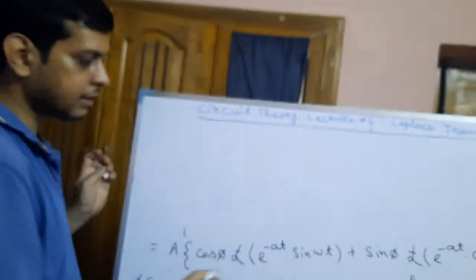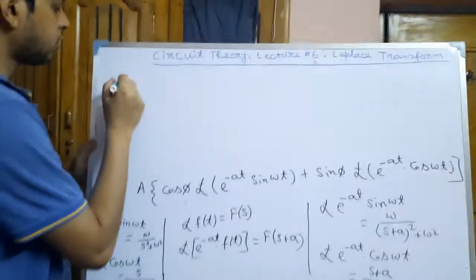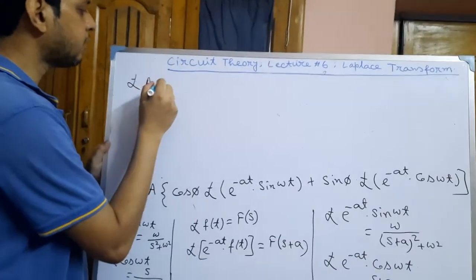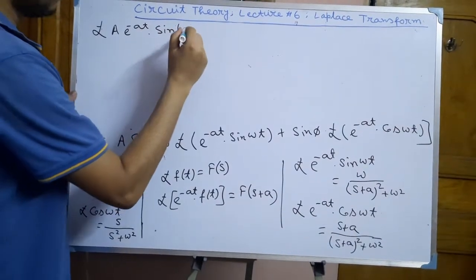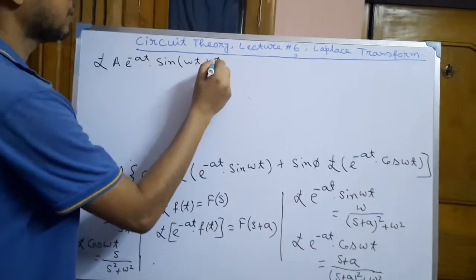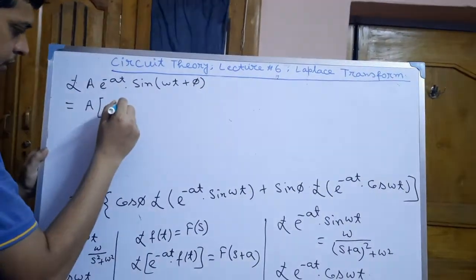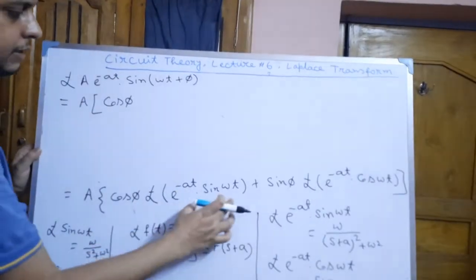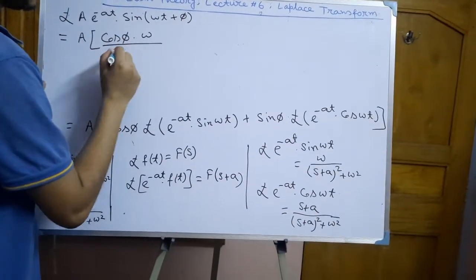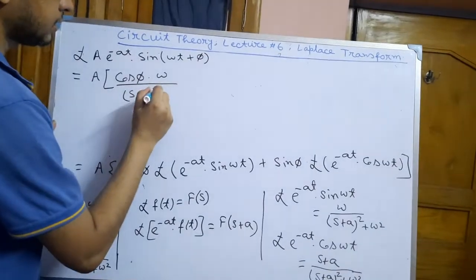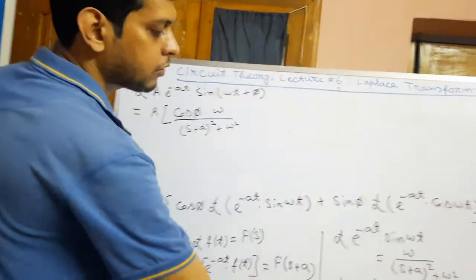Okay, let us just put these values here. So the Laplace transform of A e to the power minus at sin (omega t plus phi) equal to what? A into cos phi, e to the power minus at sin omega t, the Laplace transform of this one equal to omega by this, and the Laplace transform of this one equal to this.